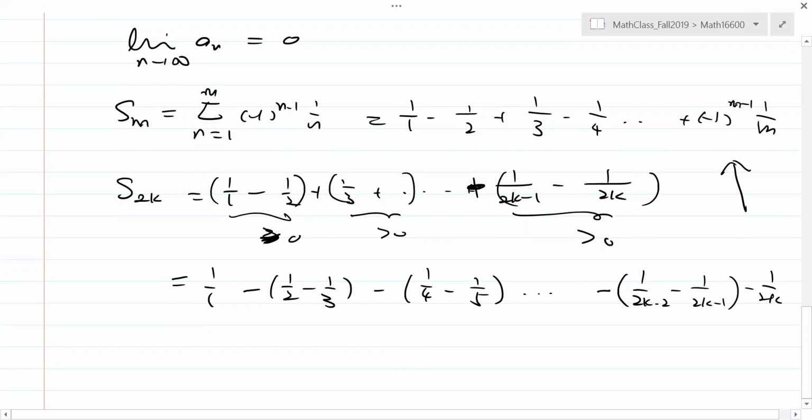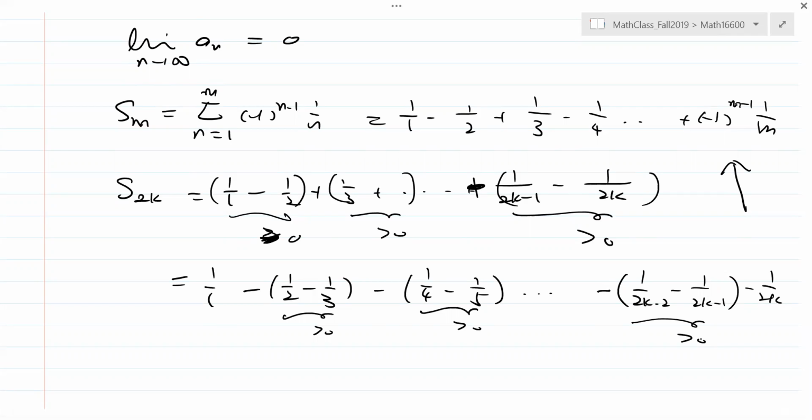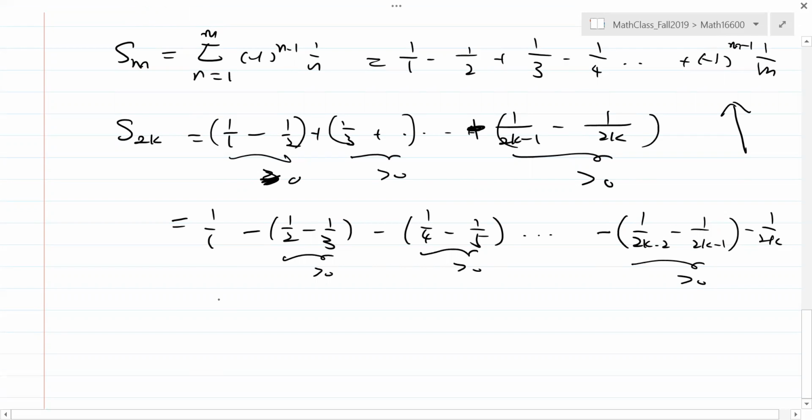You put the parentheses over these two terms, then you can make something else. That's tricky, but this is special, so you can do that. And then this term is positive, this term is positive, this term is positive, right? So you subtract positive terms from 1 every time. So of course, it's less than 1 minus the last term. The last term is also subtracted, so it's less than 1. There's an upper bound, which is 1, and S_2k is increasing.